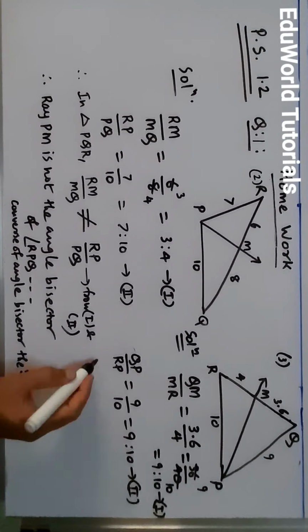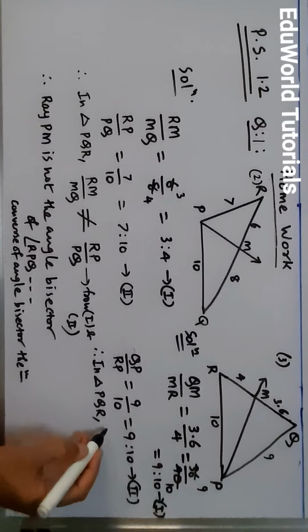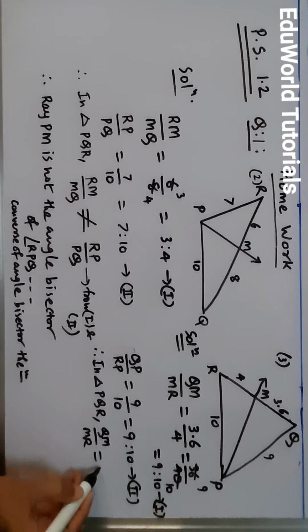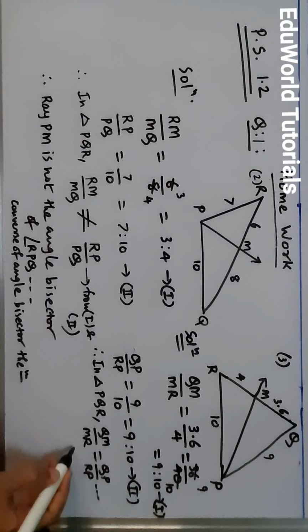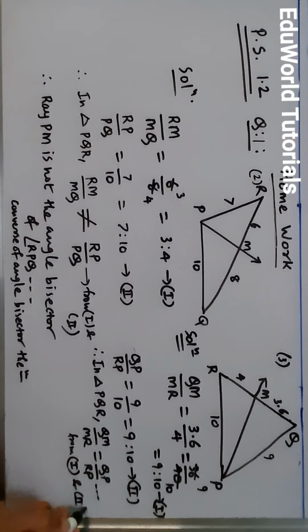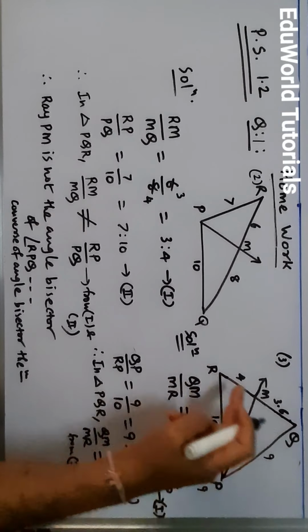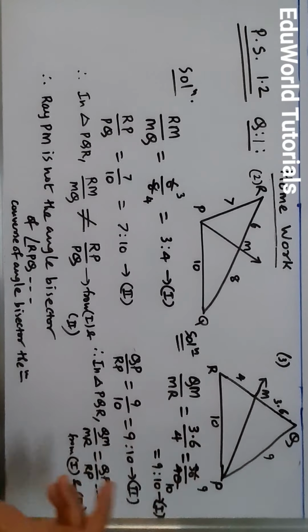Therefore, we have to specify that in triangle PQR, the ratio QM to MR is equal to the ratio QP to RP. This we get from 1 and 2, and it means that this ray divides the opposite side QR in the ratio of the remaining sides.